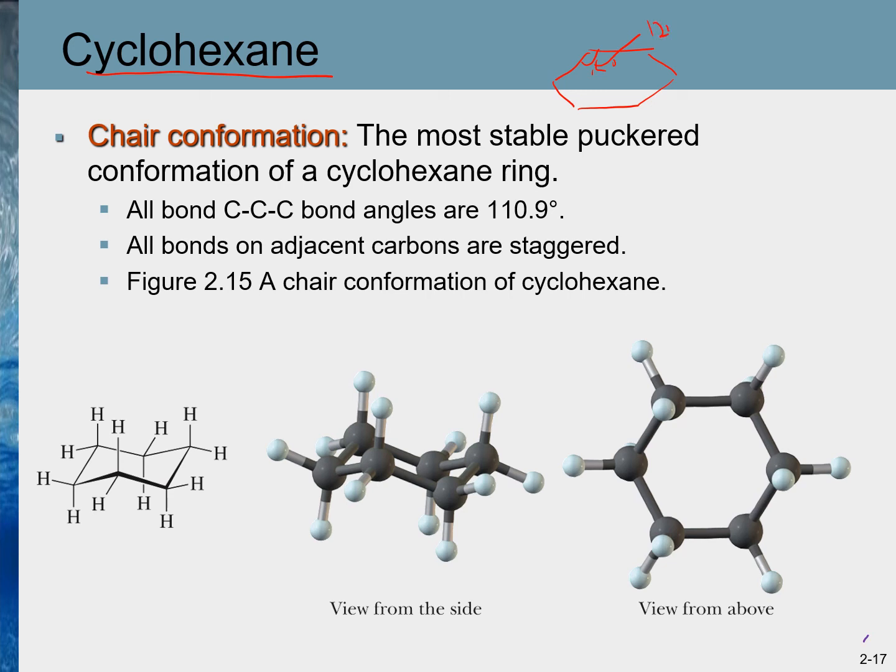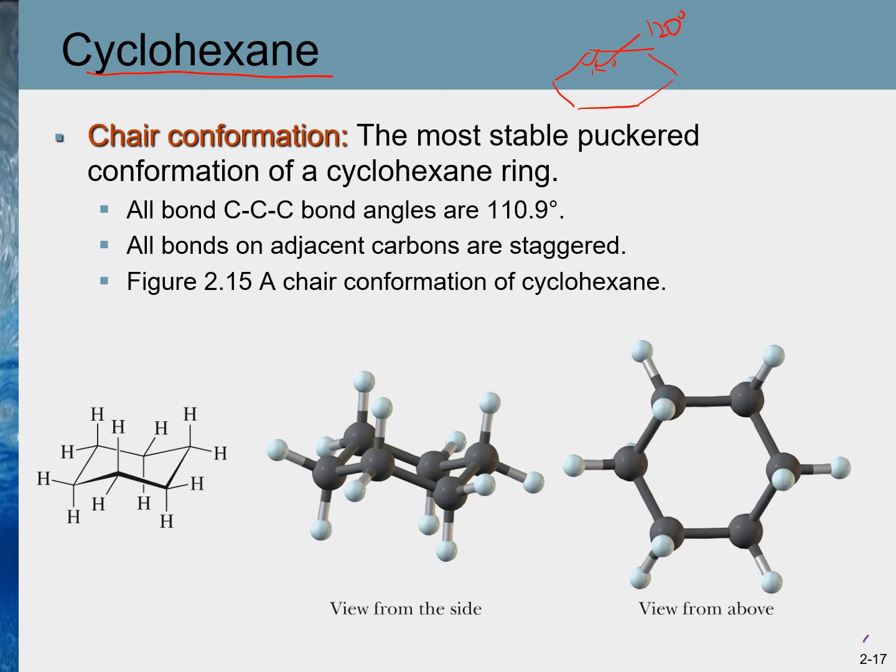So cyclohexane does not adopt a hexagon geometry. Instead, cyclohexane adopts different kinds of puckered ring conformations, and all these puckered ring conformations are convertible via carbon-carbon rotations.